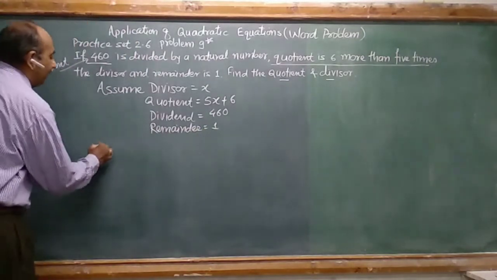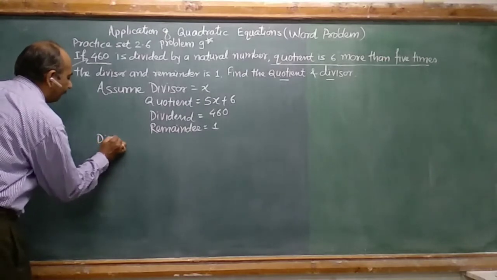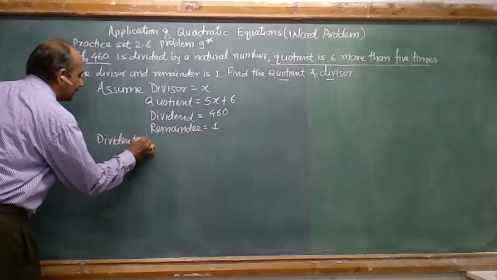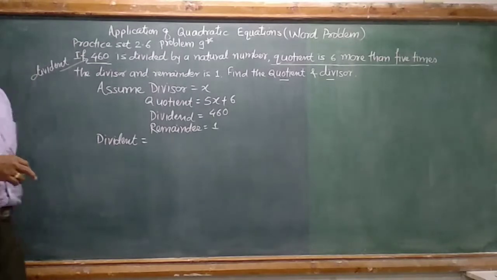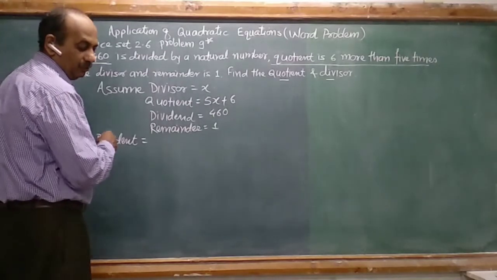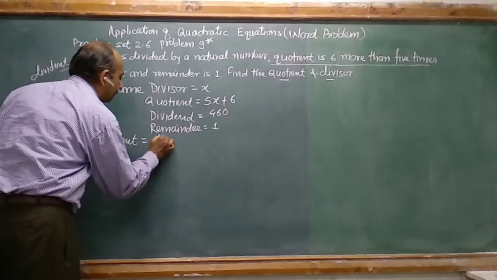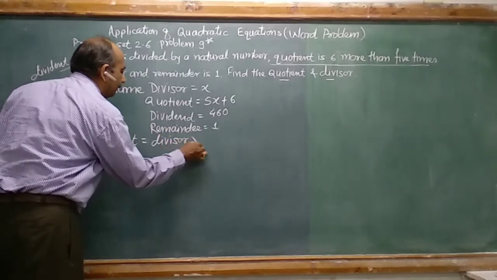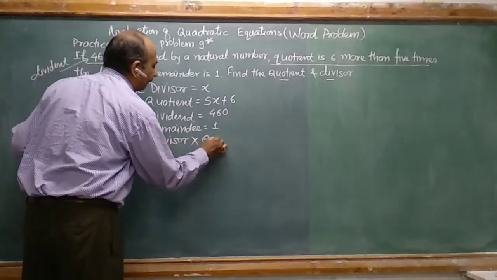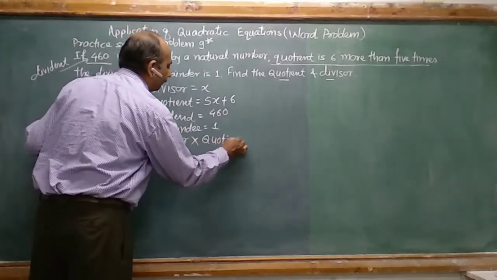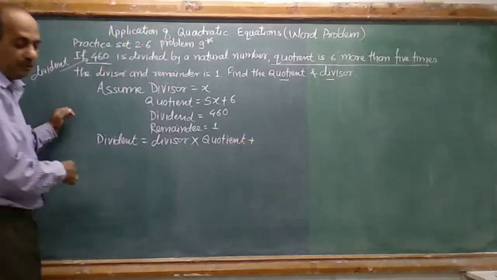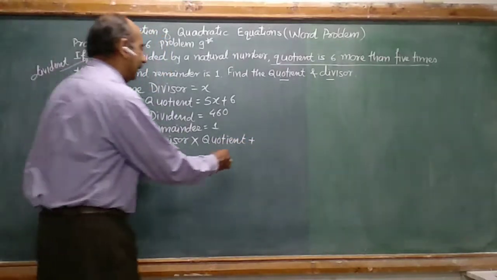Formula is dividend is equal to divisor into quotient plus remainder.